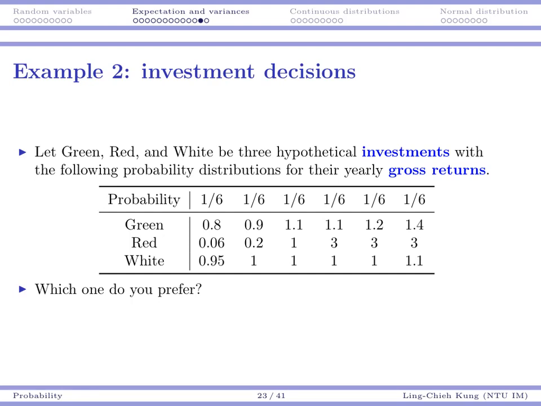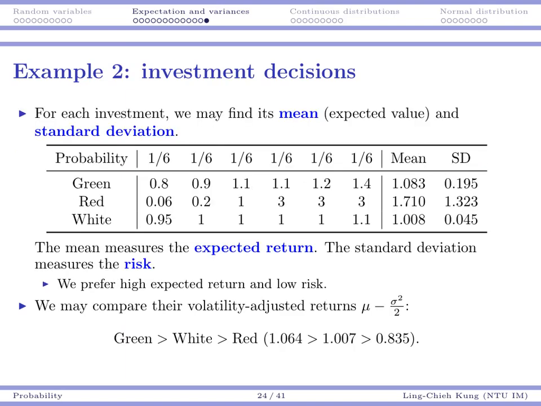So these obviously are some investments that we want to consider. Then if I ask you which one do you prefer, there is no standard answer because different people have different risk attitudes. Okay? But when we want to do some measurements, expectation and variance may help.